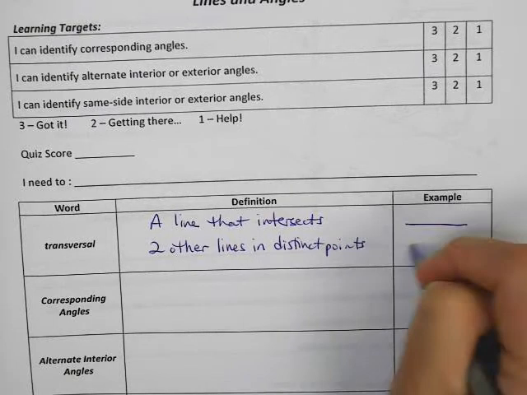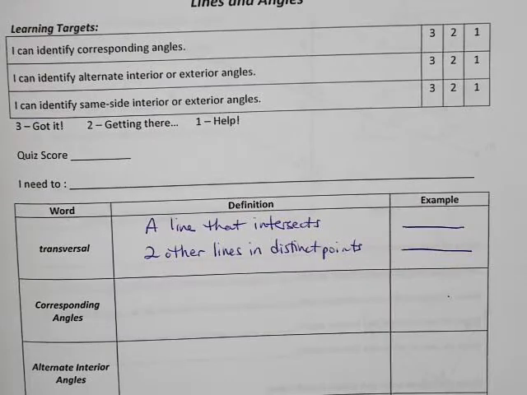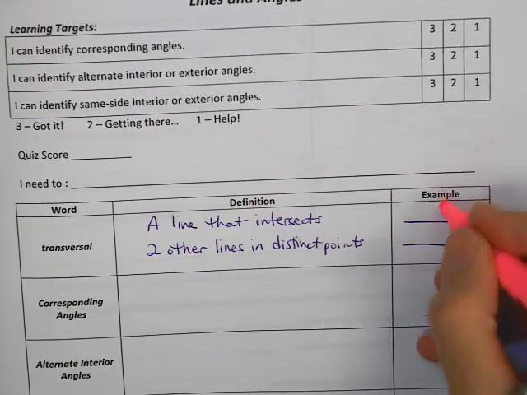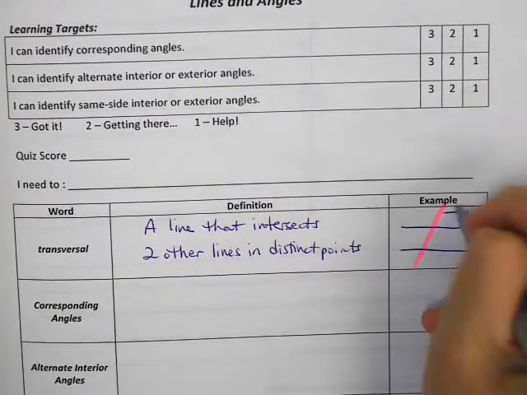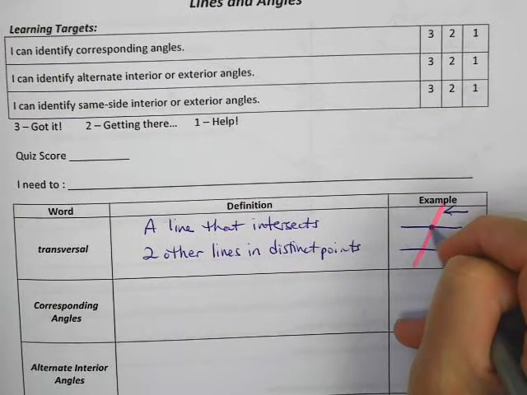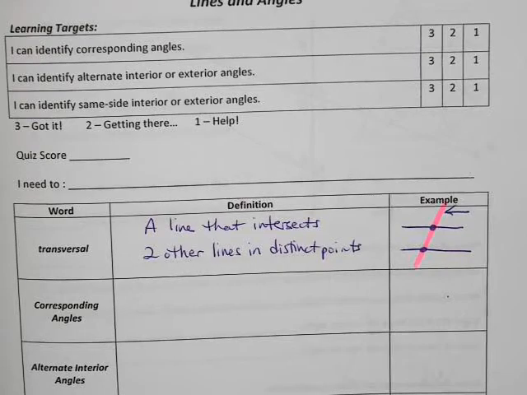So for example, if I have two lines, I could say this pink line right here, this is the transversal. It intersects two lines here and here in two distinct points. So it's just simply a line that intersects two other lines in a couple of points.